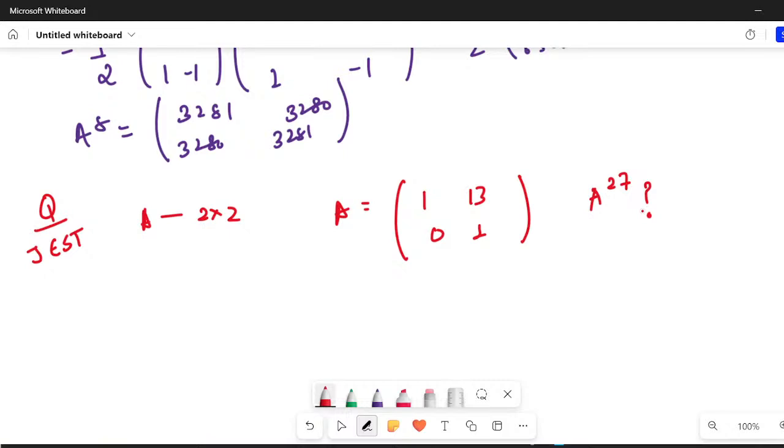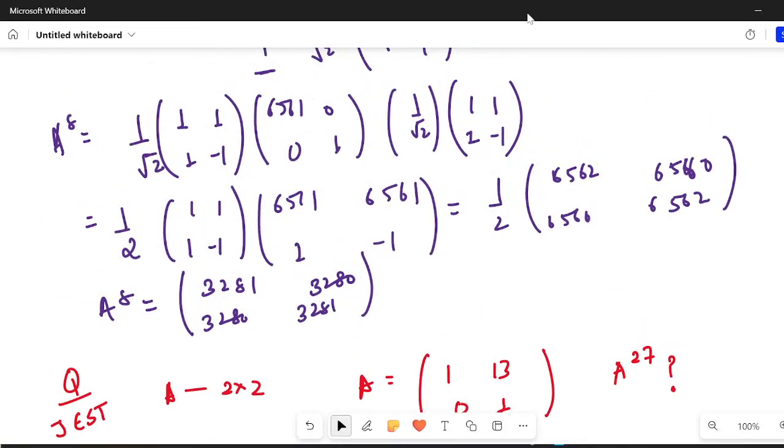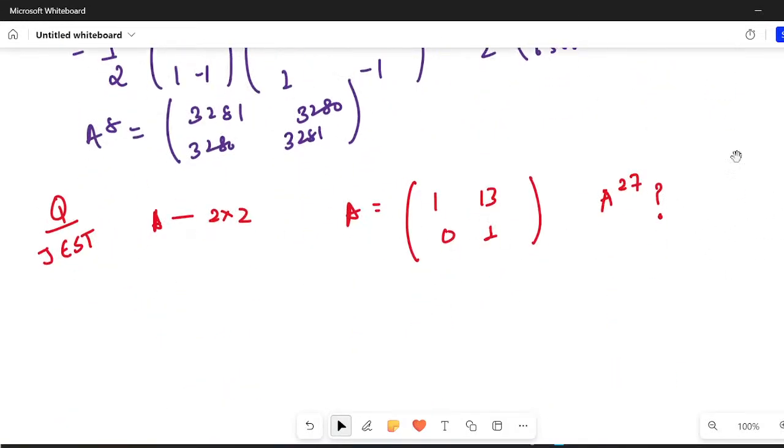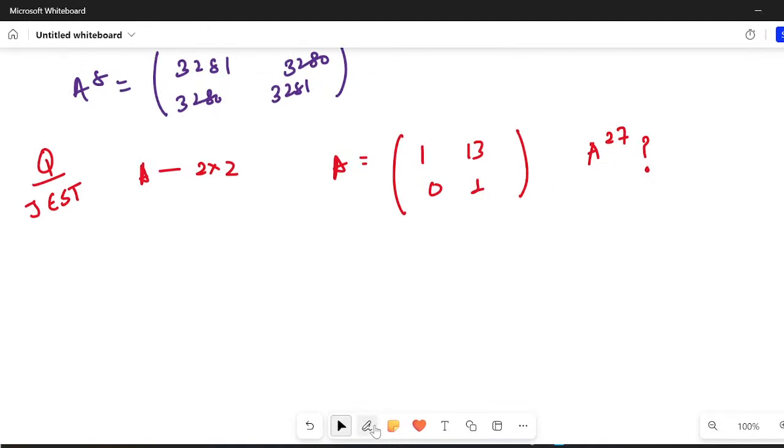Now, in order to do this question, the first thing I always say is that whenever you are doing these questions, try to see whether your matrix is diagonalizable or not. That is the first thing that you should see, because only if the matrix is diagonalizable can we apply the approach that I have stated above. But you see here clearly, if I find the determinant of A minus lambda I, what am I getting?